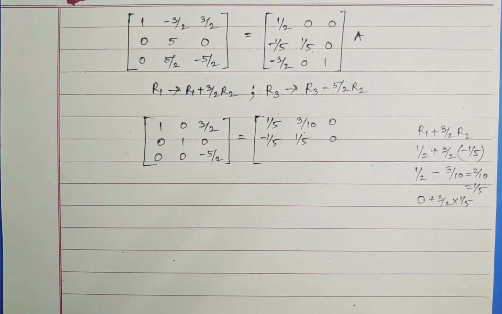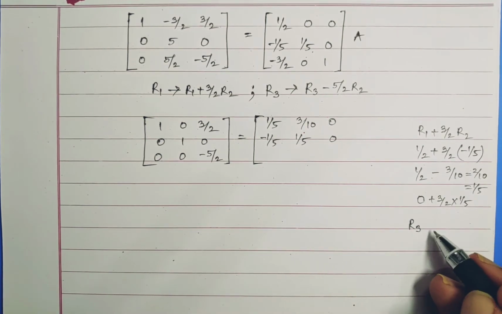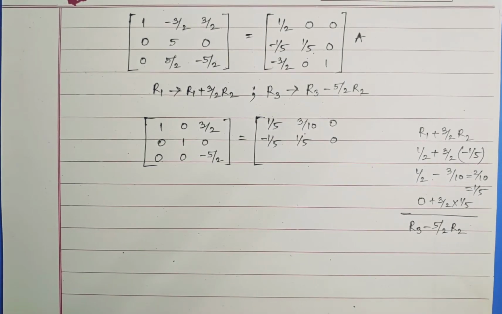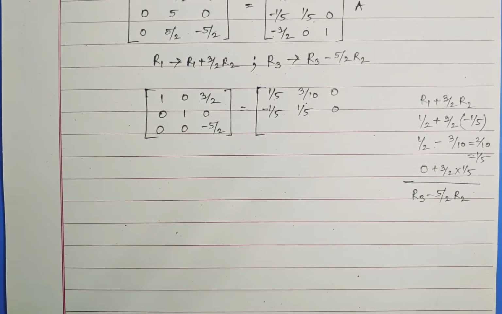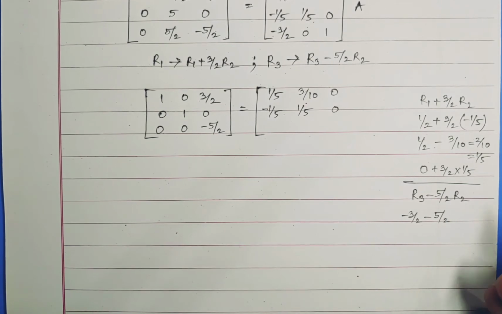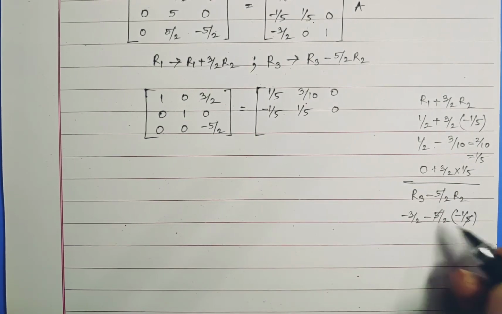R3 will become what? R3, first thing you write the operation in here. R3 minus 5 by 2 R2. Okay, let's write this one. So how much is that? R3 element is minus 3 by 2. So I write minus 3 by 2 minus 5 by 2, and R2 is equal to what? Minus 1 by 5. So 5 gets cancelled.